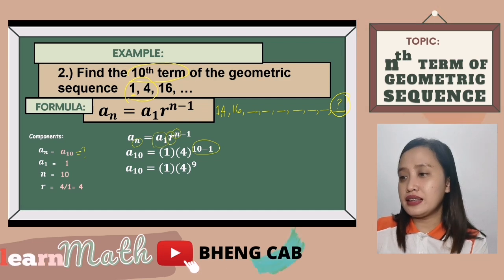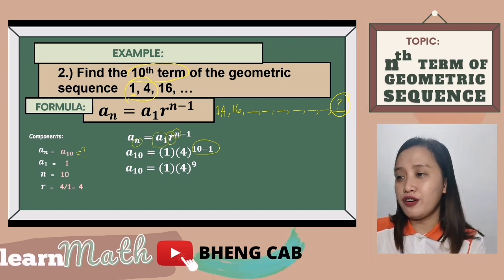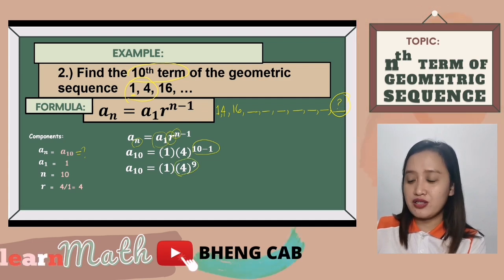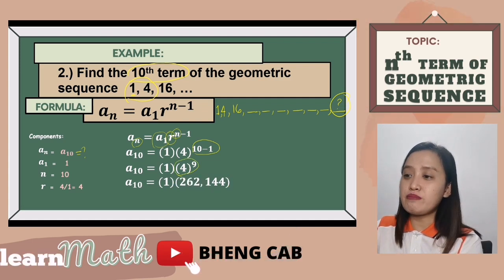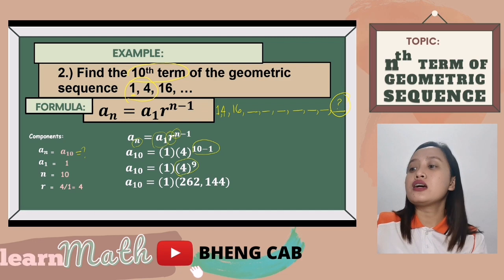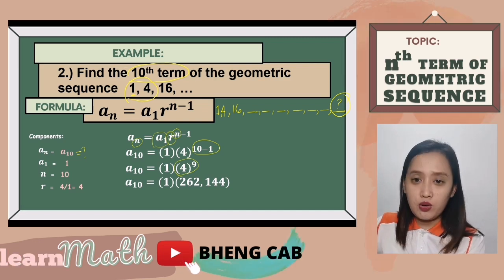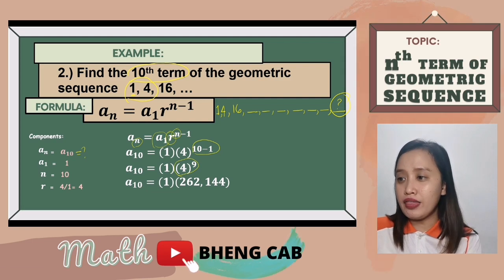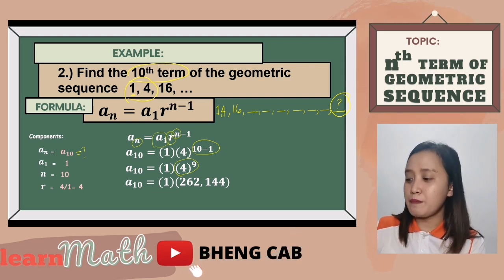Okay? So, ulit, hindi po natin multiply muna yung 1 at 4, but we have to simplify this first. 4 raised to 9. And that gives us a sub 10 equals 1 times 262,144. And after this, we can now simplify 1 times this.